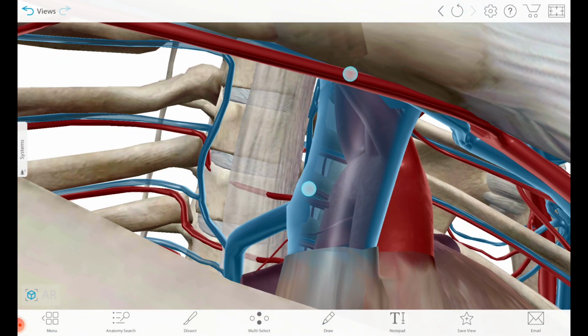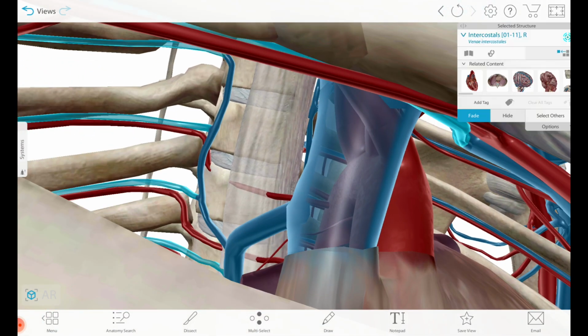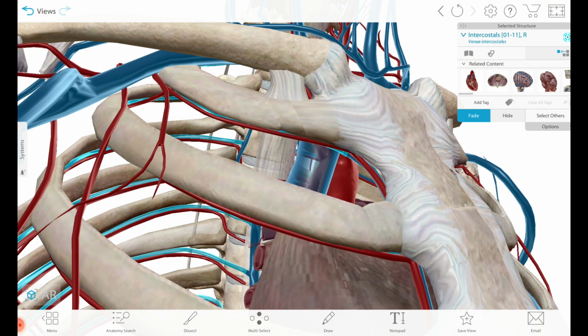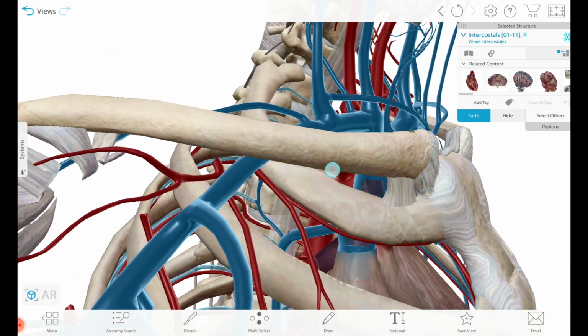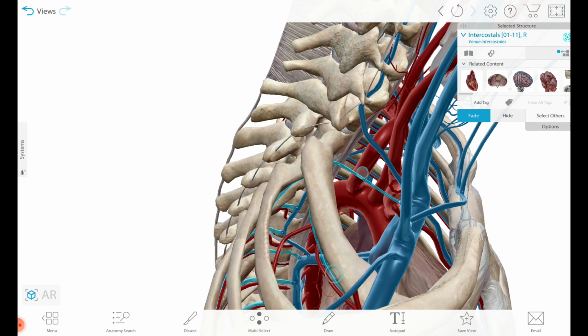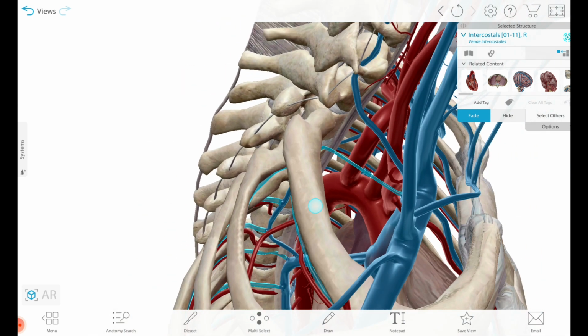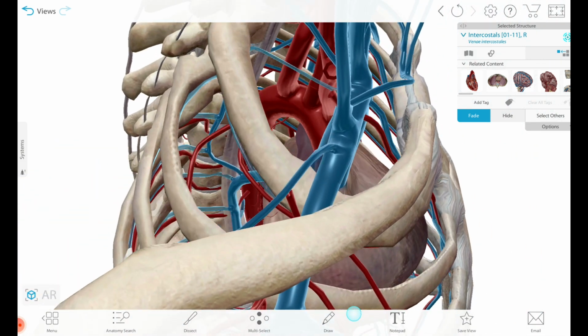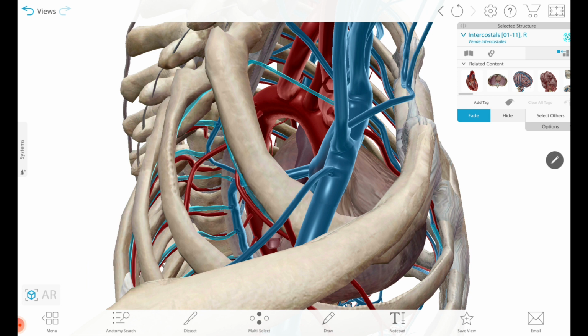So what we are seeing is the first intercostal vein and the first intercostal artery of the first intercostal space. We can see that the first intercostal vein winds all around the rib, and then it drains into the right brachiocephalic vein.